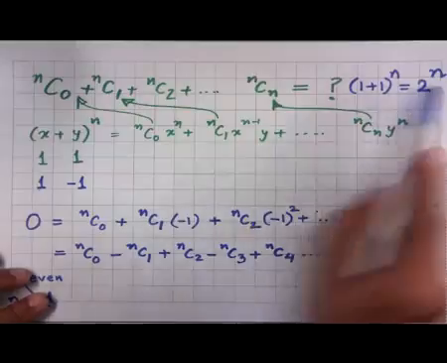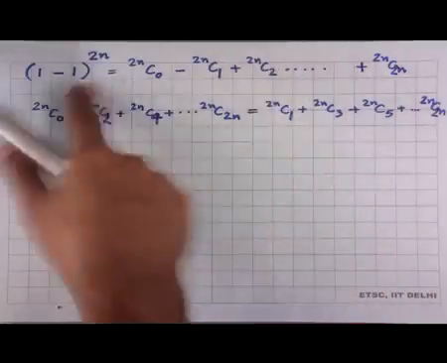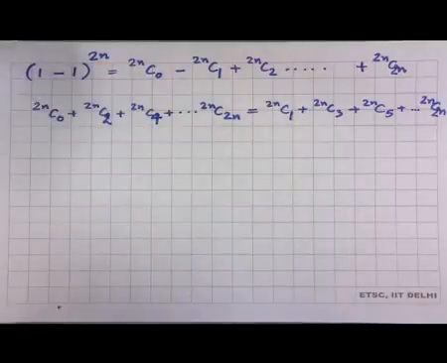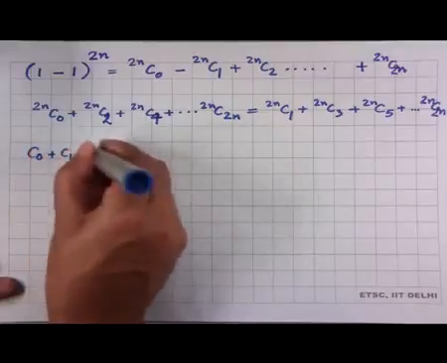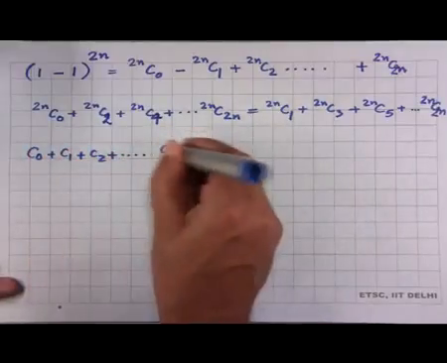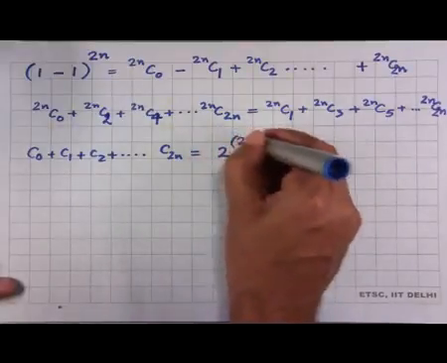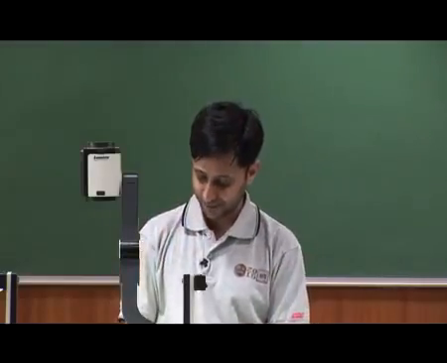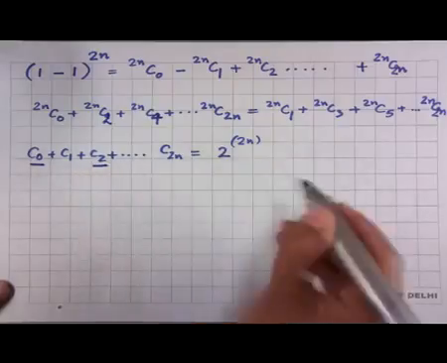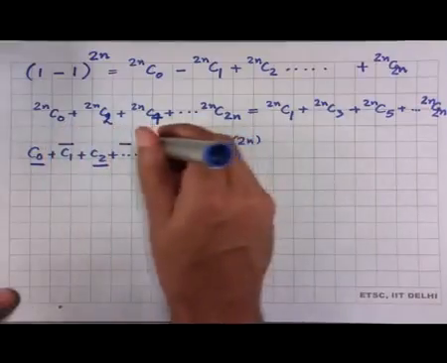What is the sum of all the coefficients? From our earlier result, it is 2 power the exponent, right. In this particular case our exponent is 2n. So, the sum of C0, C1, C2, all of these, all the way till 2n is 2 to the power 2n, right, and some of them, that is half of them, this and so on, are equal to the sum of the others, right.